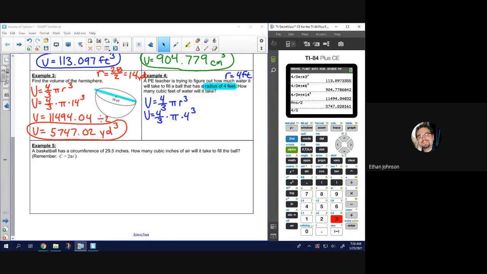So 4 divided by 3 times our pi, the second caret button, times our radius 4 cubed, so caret 3. So we get our volume equal to 268.083. It says feet, so that means it's feet cubed.